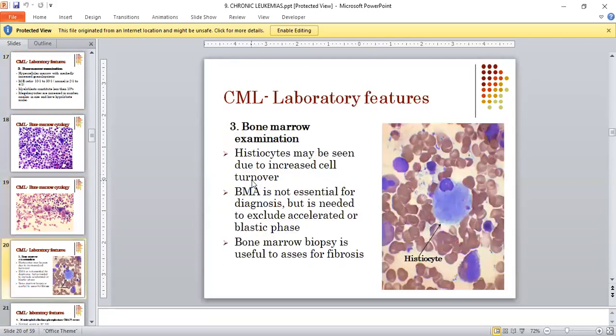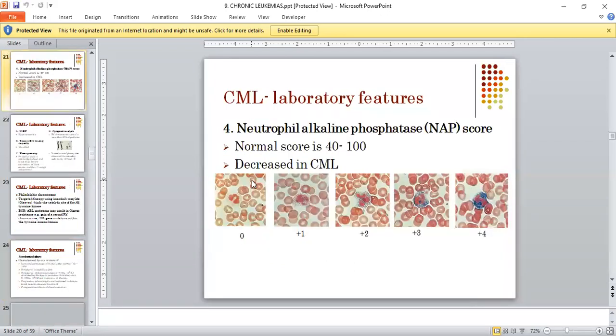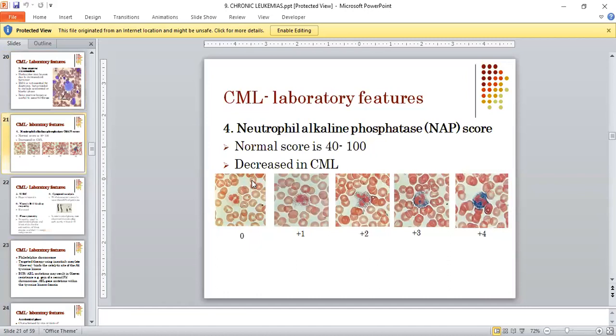So, pathology. Neutrophil alkaline phosphatase score. So this one is also another finding that you get.